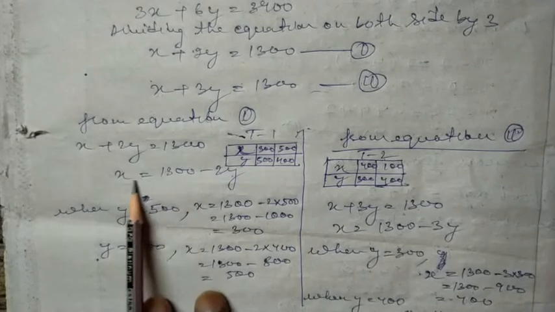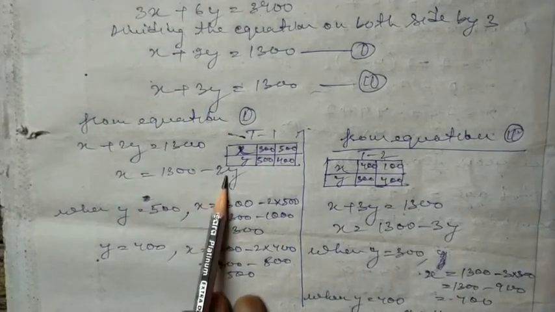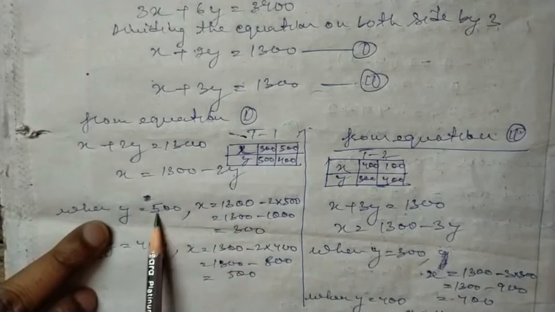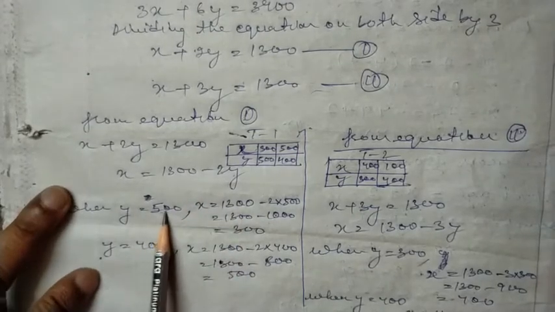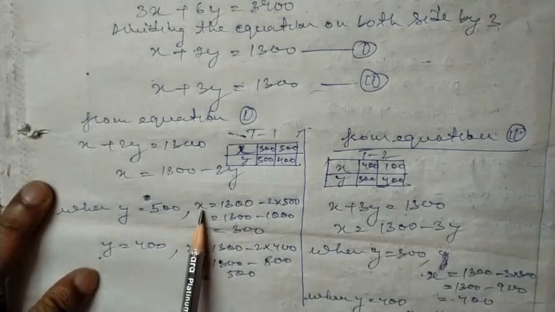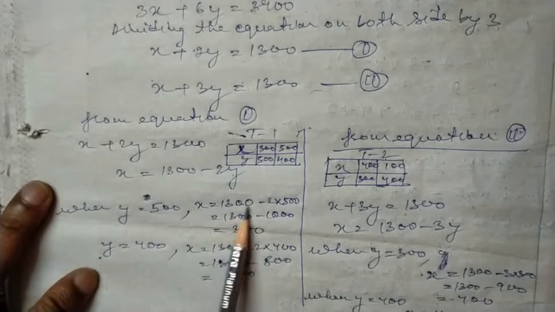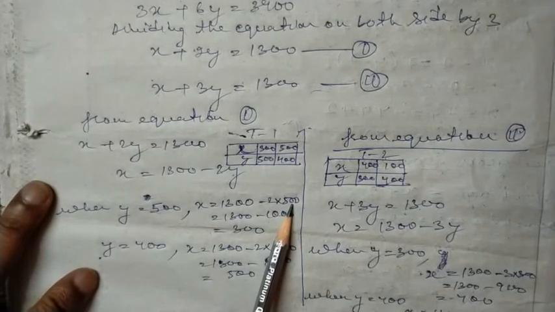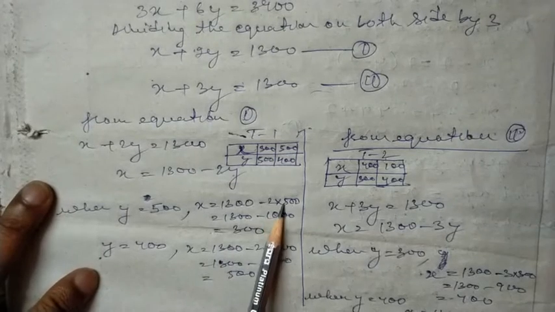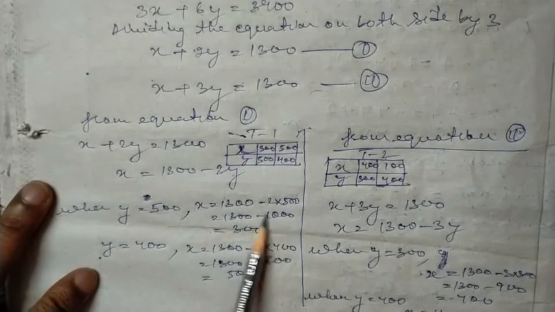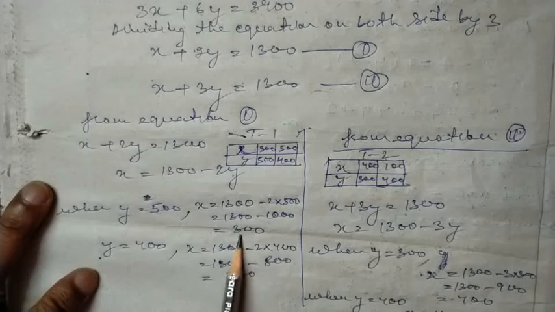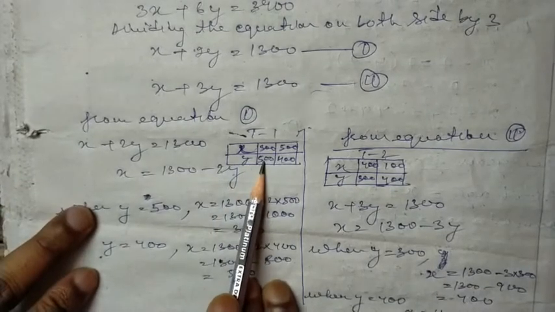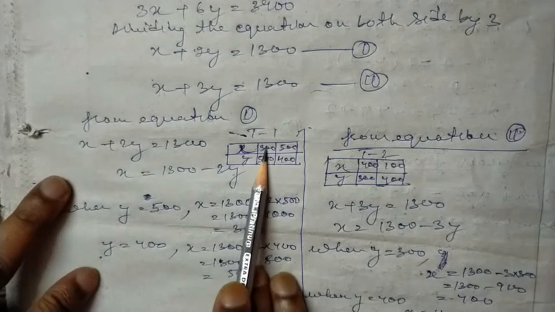Whenever we take the value of y, we will get the value of x. I have taken y as 500. When y is equal to 500, x is equal to 1,300 minus 2 into 500, which is 1,000. So 1,300 minus 1,000 is 300. When y is 500, we got x as 300.